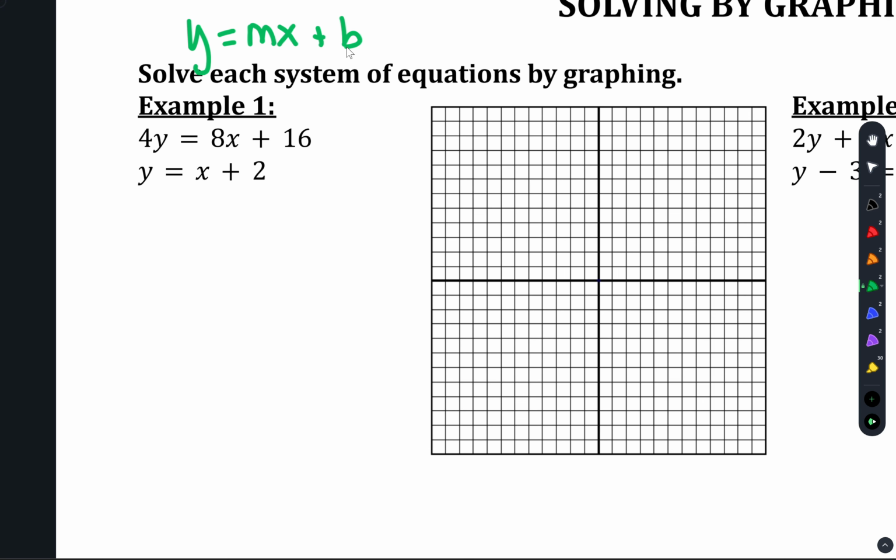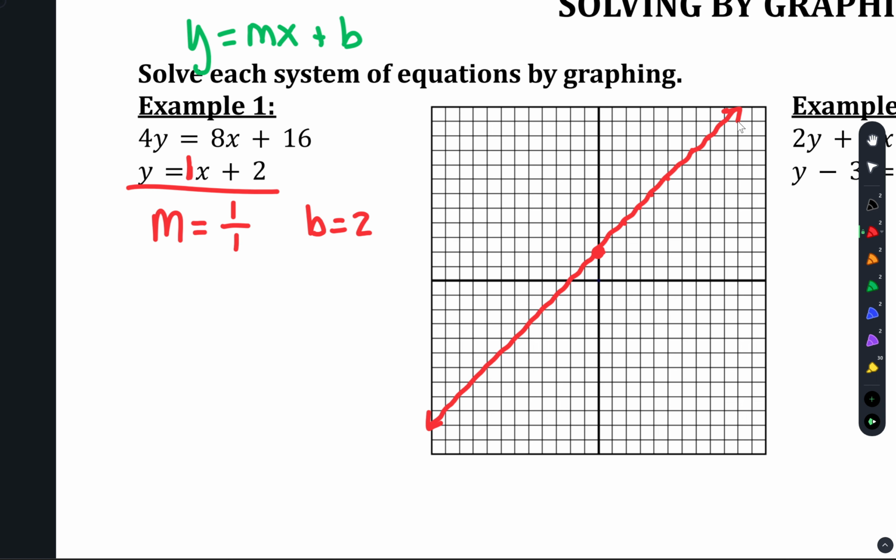Do we see that the second one is already in the form y equals mx plus b? So I'm going to figure out what's my slope. What is the slope here? 1. There's an imaginary 1 that we can't see in front of that x. So 1 over 1. And then my y-intercept is 2. So I'm going to start there. Y-intercept of 2, use my slope 1 over 1 to draw a nice line. As nice as you can possibly make it.